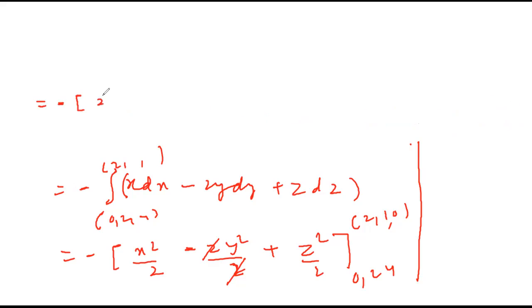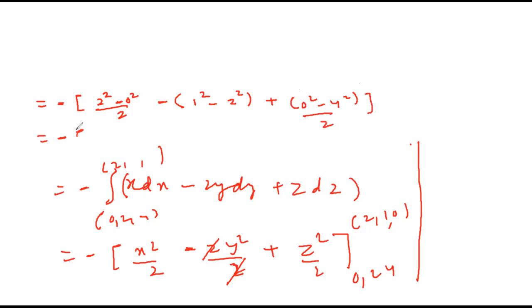X, upper limit 2, square minus 0 square upon 2, first term over. Second one: minus upper limit 1 square minus 2 square, plus z square, which is 0 square minus 4 square upon 2.